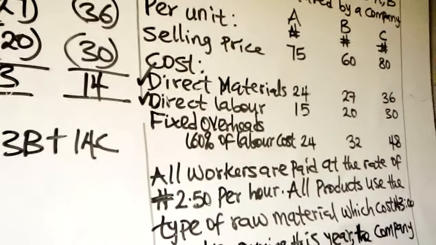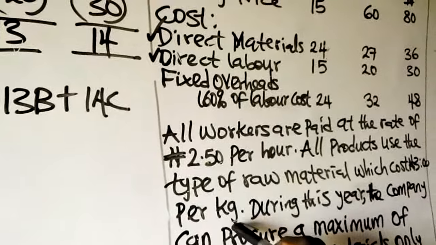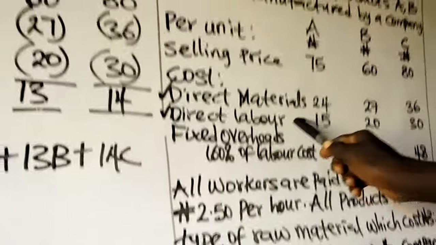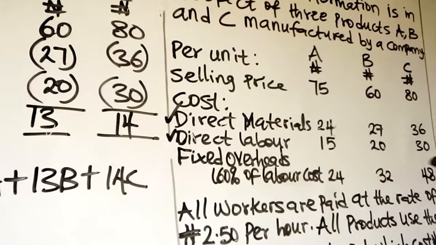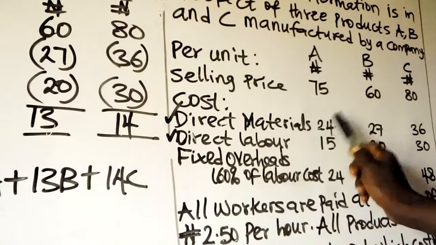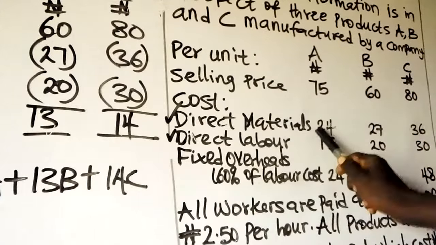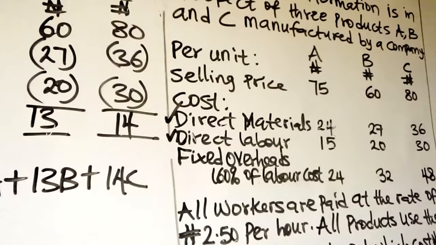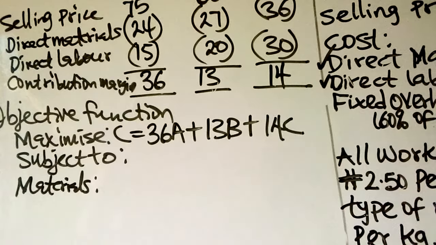Since the material costs 3 naira per kg, how many kg would have been used before these 24 naira were incurred in A? That means you divide this by 3. 24 divided by 3 will give us 8 kg. 27 divided by 3 will give us 9 kg. And 36 divided by 3 will give us 12 kg. So now, the constraint as to the materials.